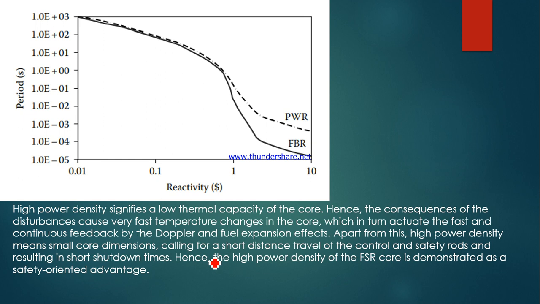So as in the fast reactor the power density is high, which is confirming the low thermal capacity of the core.